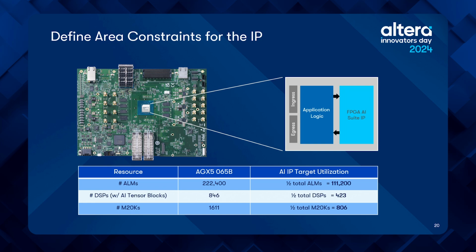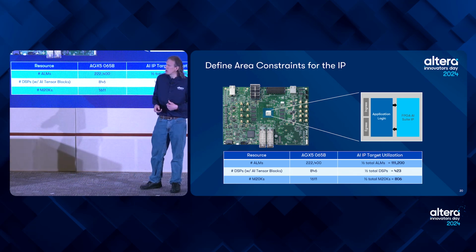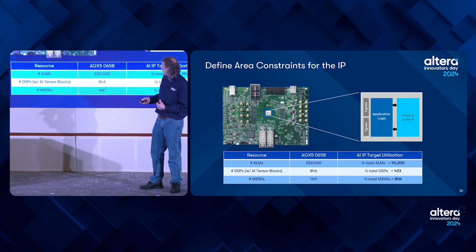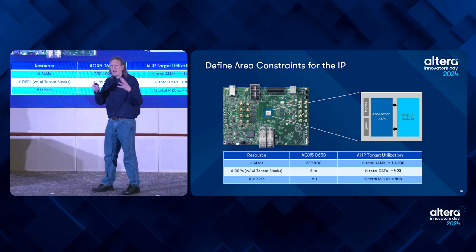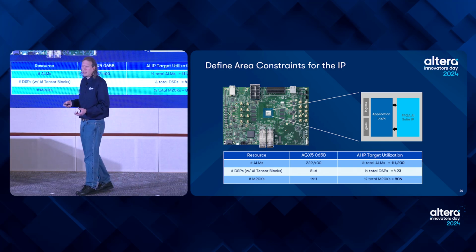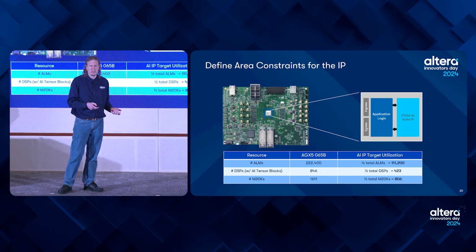If we're creating a design for the Agilex 5 Premium Dev Kit, which is the device pictured here, then we're going to have approximately 200,000 ALMs, 850-ish DSPs, and 1,600 M20Ks available to us. However, most of the time, there will be some additional application logic that you want to place onto the FPGA.